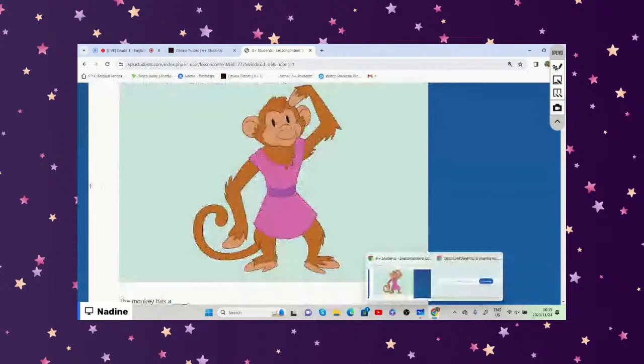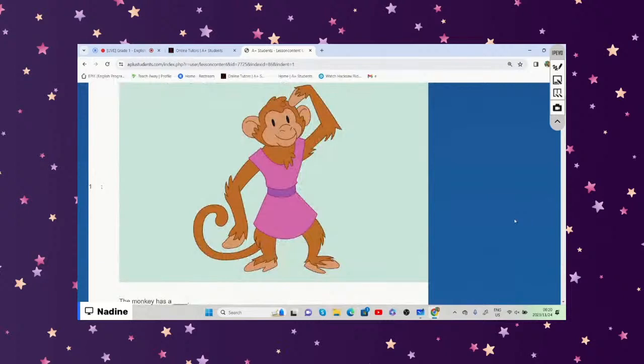We're first going to identify the things that we see, then we will go based on what the question is. We see a dress, yes. And who has a dress on? So we see a monkey with a purple dress, right?